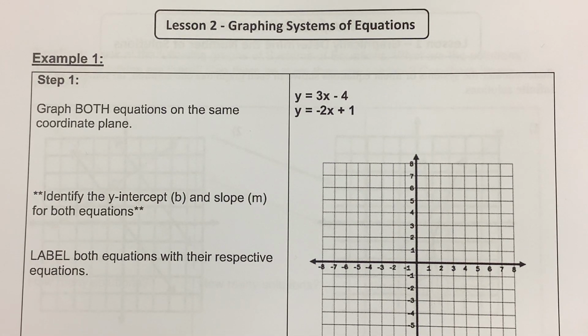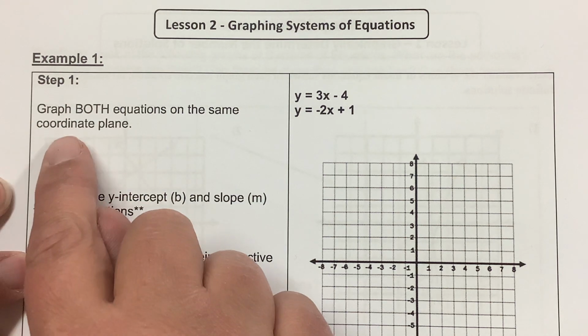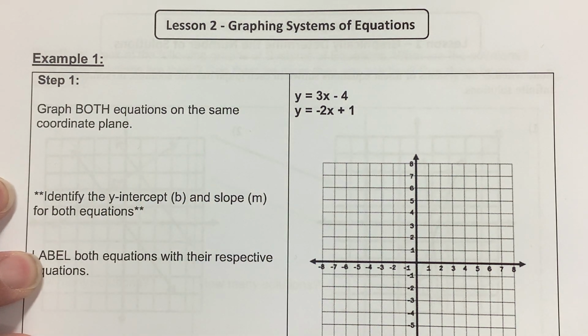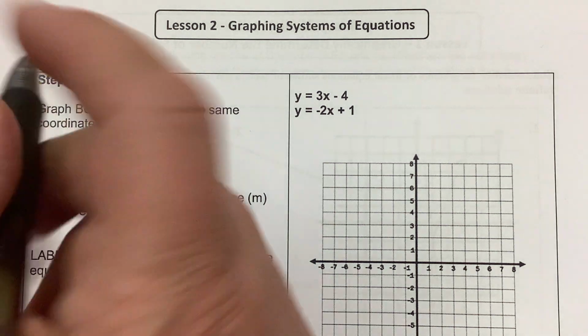We are in Chapter 4, Systems of Linear Equations, Lesson 2, not independent practice. What am I talking about? Graphing systems of linear equations, learning to read. All right, so step 1. Both equations are in the same coordinate plane. What does that mean? It means you have the same variables.